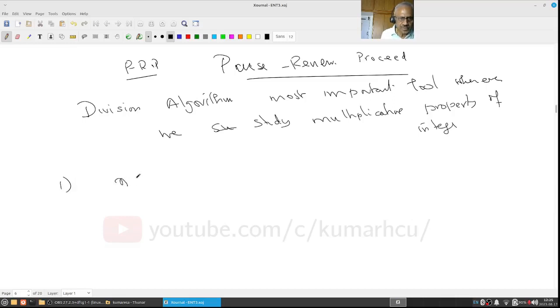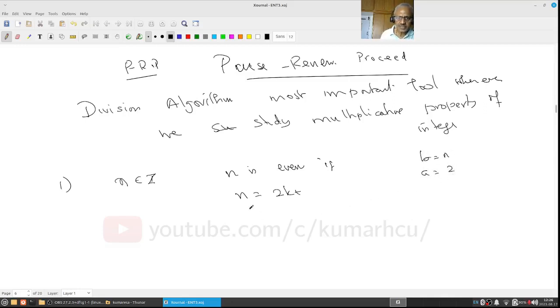So suppose I have a natural number n. I say n is even or odd. If I write n by using the division algorithm, I can write it as 2k plus 1. Suppose I take my b equal to n and a equal to 2.